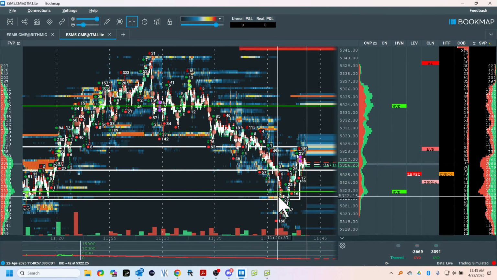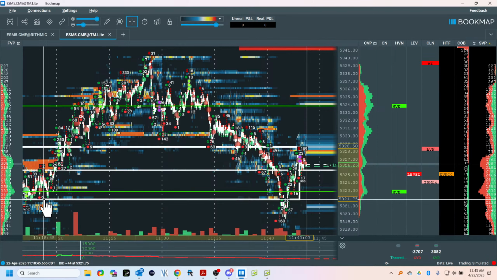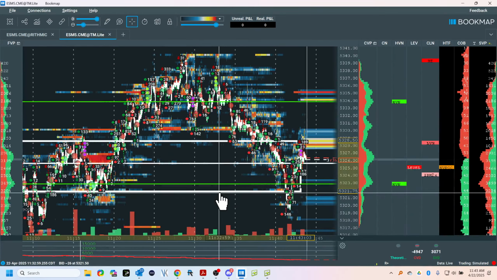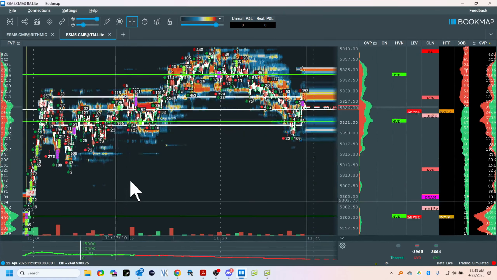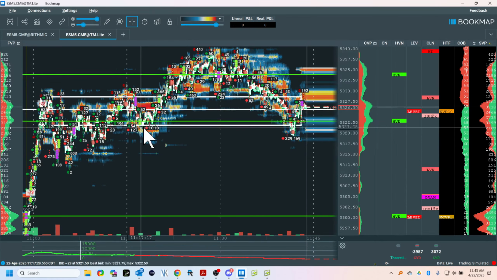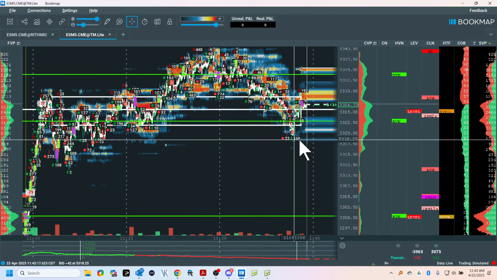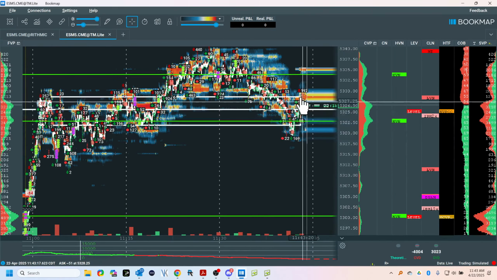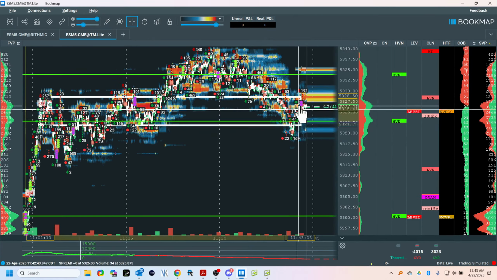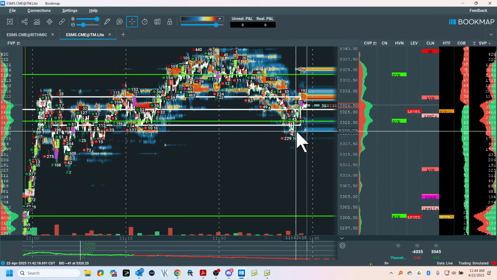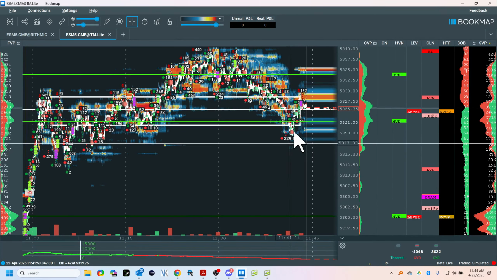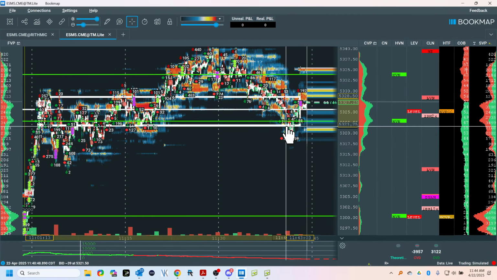Unless you go, I know this trade, and I know that there's going to be stops under here, and I know that the buyers were active here, and if I come down and take stops, I can get a rotation. If that's a vetted trade for you, then that's your trade. I don't have one here, so I don't do anything with this. I just go, well, that's interesting.